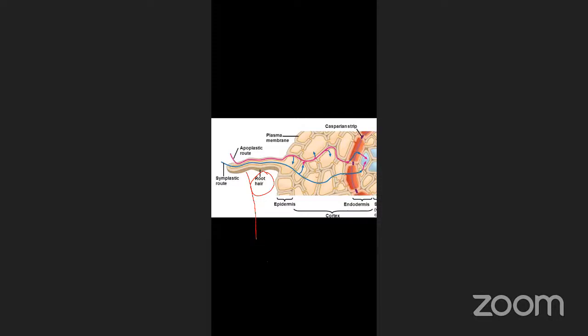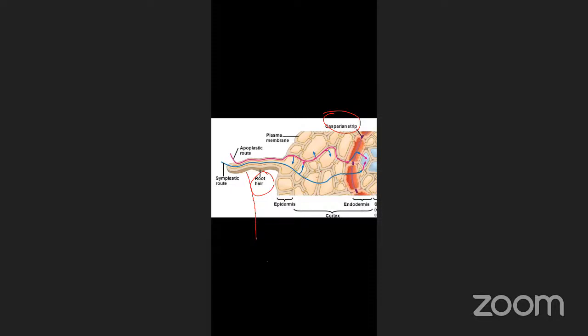This is the Casparian strip, red color. I already told you, in apoplast movement, water does not move through the Casparian walls. Up to the Casparian walls, the movement is by apoplast movement. Later, if you see the blue line, that is also symplastic movement.